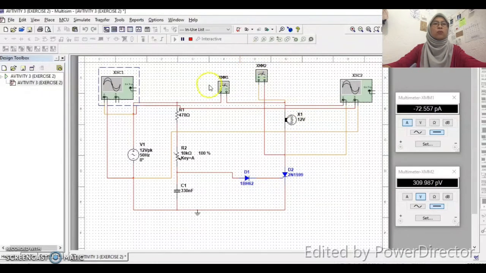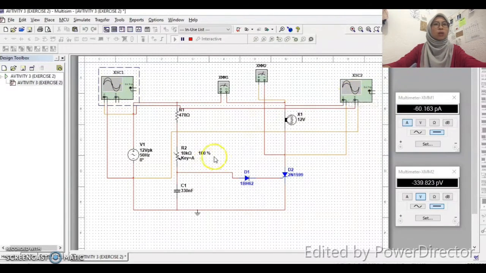We have two multimeters, this one to measure the I out, and the other for V out. And then we have two oscilloscopes here. This is for VS and this is for VL.